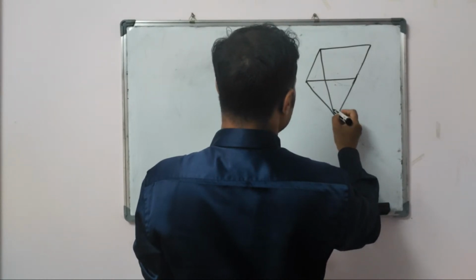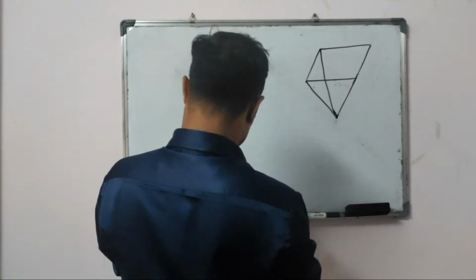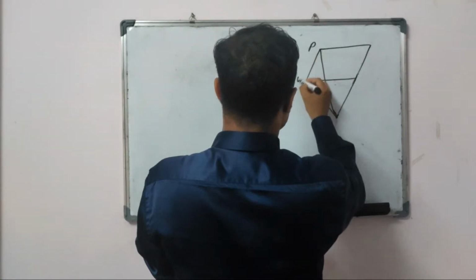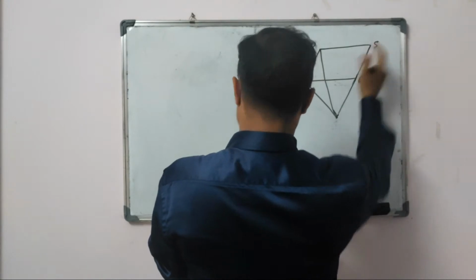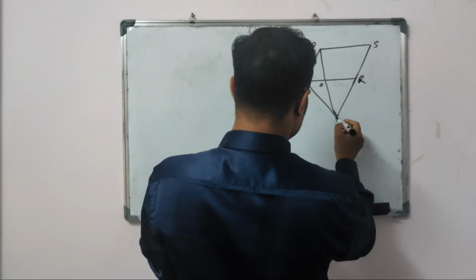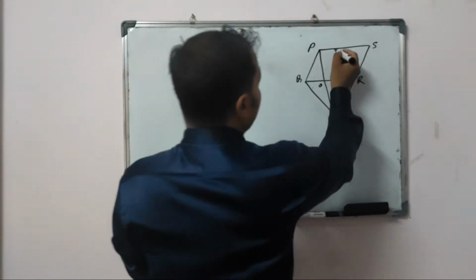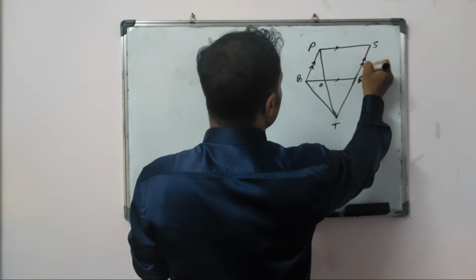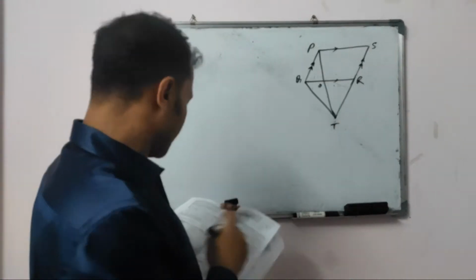So the figure is something like this. PQRS, OT. So this is the figure, and PQRS is a parallelogram. See carefully. PQRS is a parallelogram.